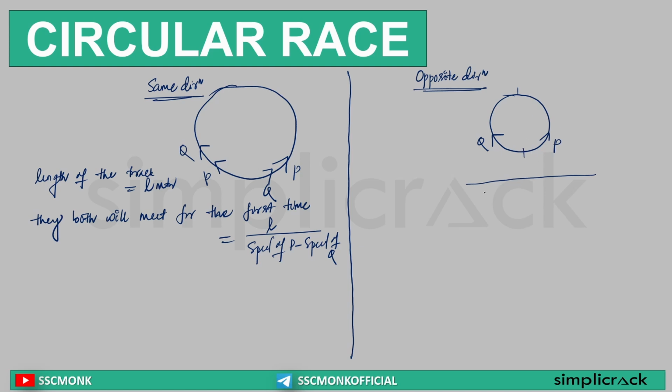Now, the time taken for both to meet for the first time is equal to length divided by speed of P plus speed of Q. Clear?